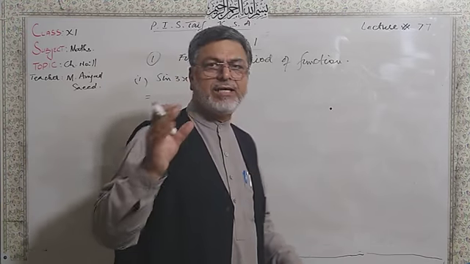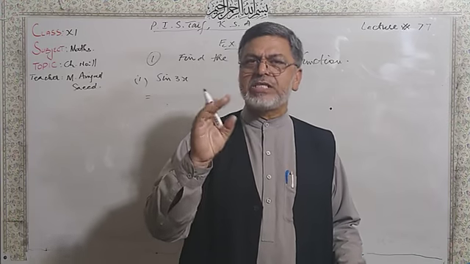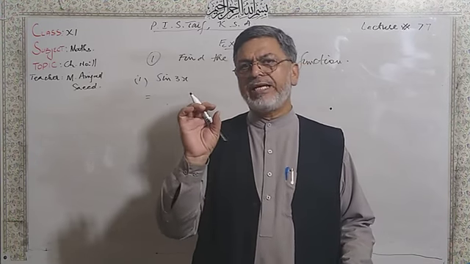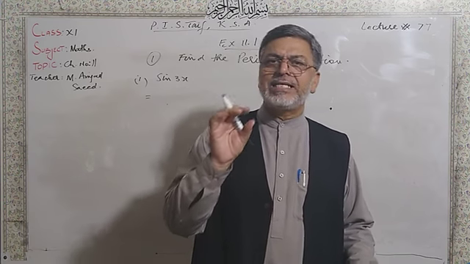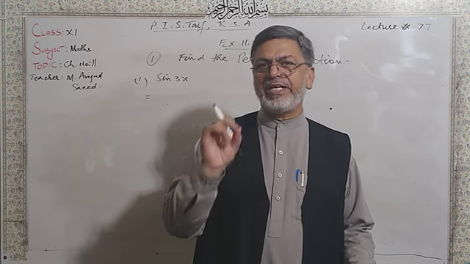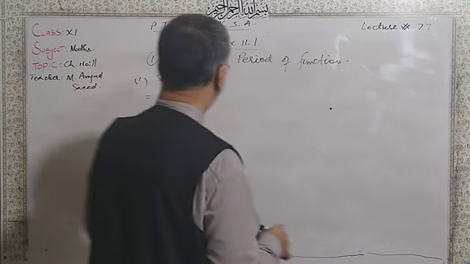And definitely their opposites: sine period 2 pi, cosecant period also 2 pi. Cos period is 2 pi, and secant period is 2 pi also. Similarly, the period of tangent is pi, period of cotangent is also pi.